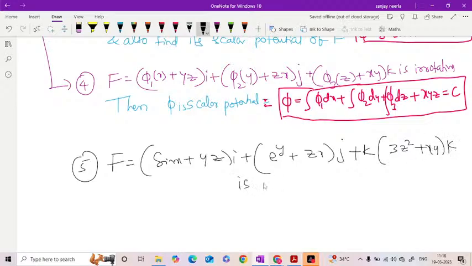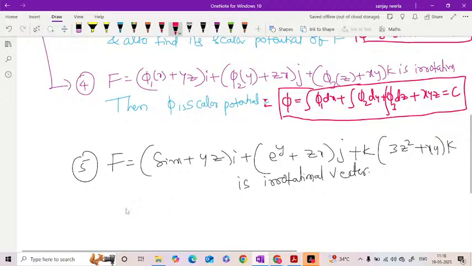We know that it must be an irrotational vector field. Then what is our pi?